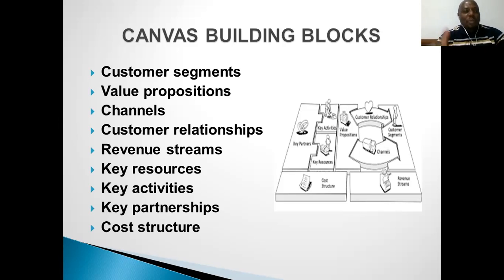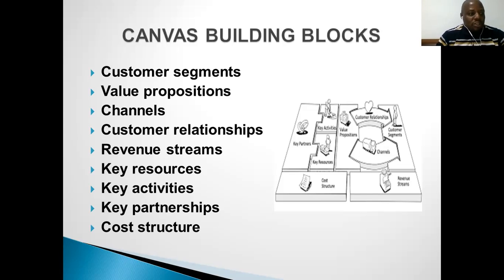For example, customer segments: who are our customers? Value propositions: why do customers buy from us? Channels: how are my product and my service delivered to the market? Revenue streams: how does my business earn money?